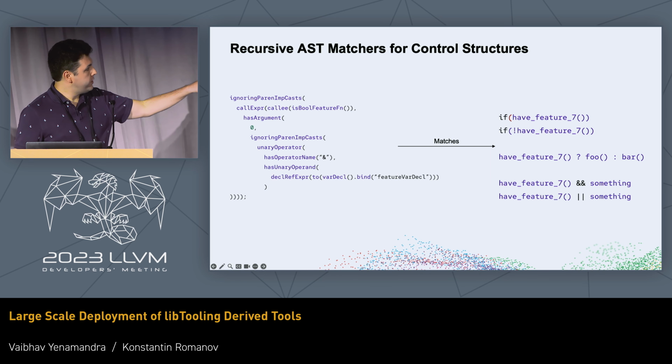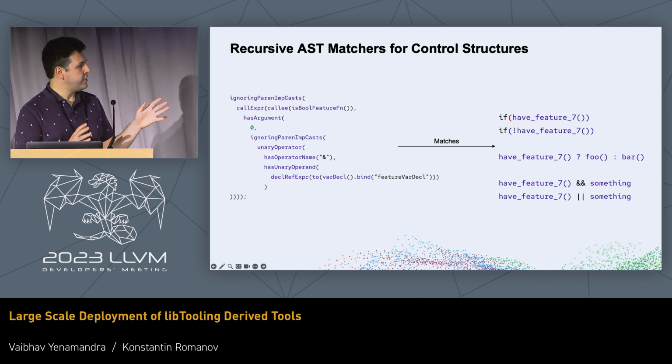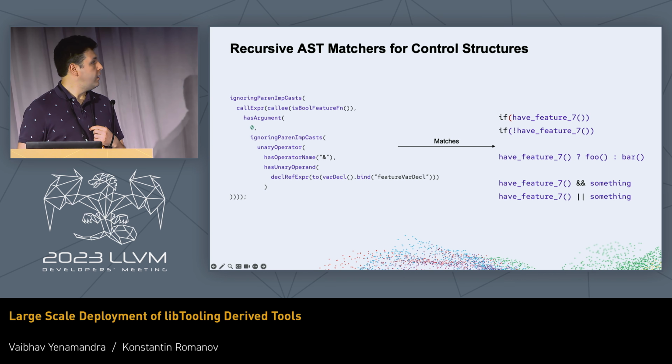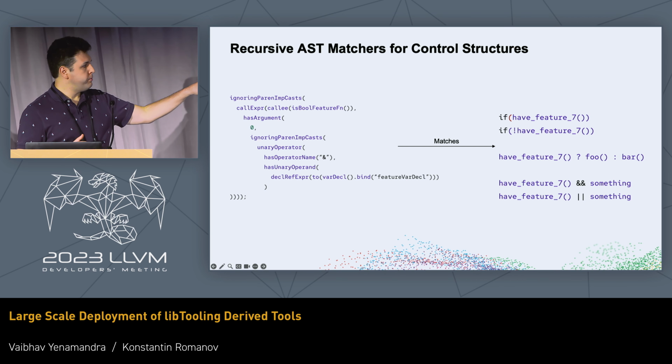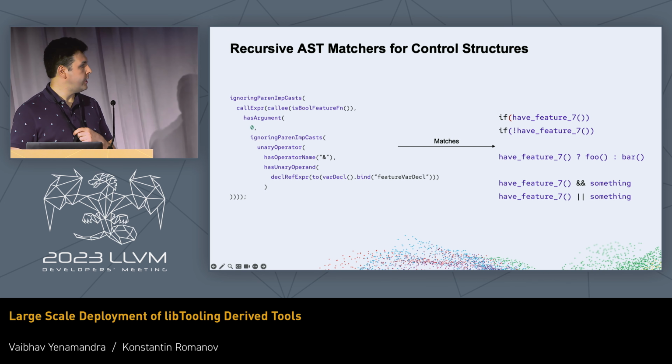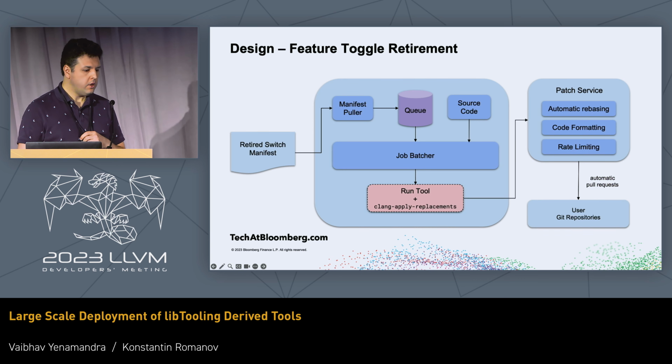On the left is an example of an AST matcher. On the right are what we match. These are basic blocks, because we have AST matchers which are recursive. They call one another, so we can match any control structure which is made of these blocks: ifs, binary operations, and ternary operations.